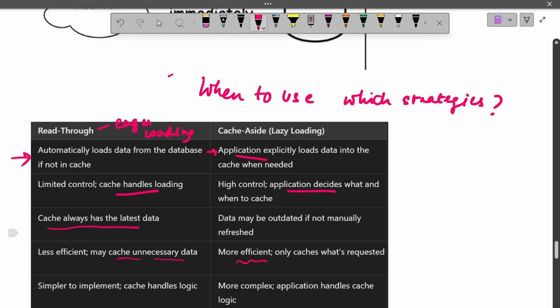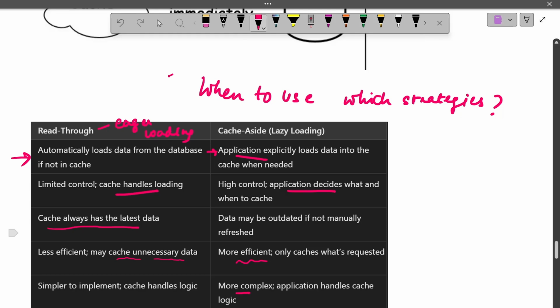In that sense, it is more efficient because the cache will always have the highly requested data. Now, in case of read through, the cache handles the logic, and as an application developer I don't have to do anything. That is why it is simpler to implement the read through cache strategy. But in case of cache aside, the application has to manage the cache logic, which is why it is complex.